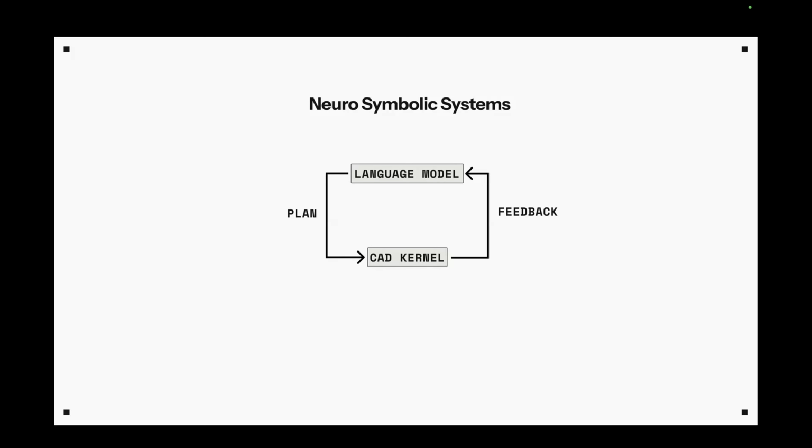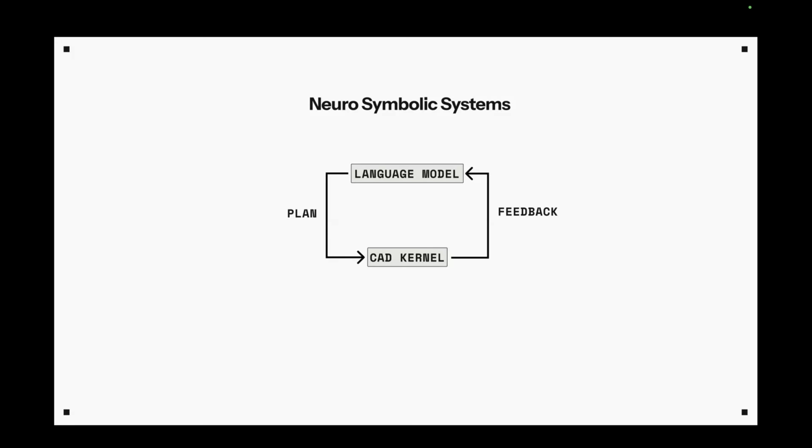Then in Grasshopper, the model is assembled, so all the components are connected, and feedback is aggregated. Do those components exist? Do they connect correctly? Are there any errors coming up? What is the output, the geometry? What does it result in? All of this feedback is collected and then returned to the model.